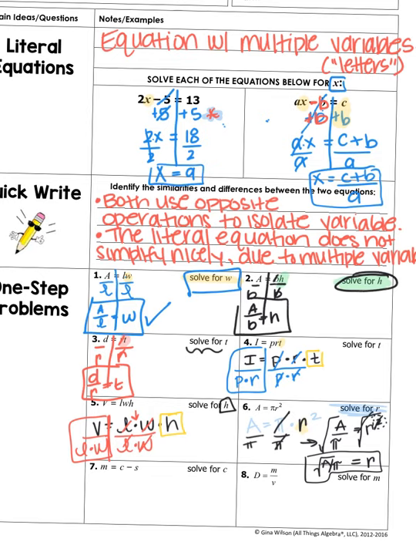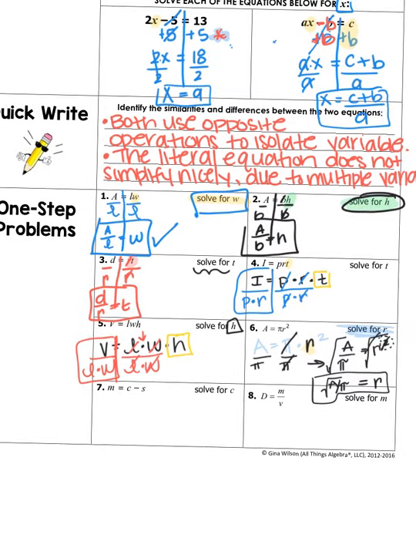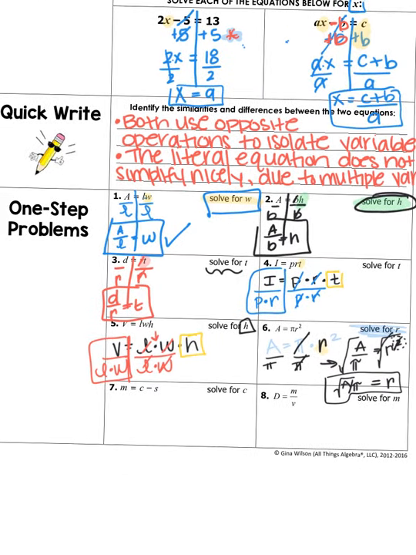All right, for number 7, we have m equals c minus s. And I'm trying to solve for c. So I need to get rid of that minus s. It needs to go away. I want the c all by itself.